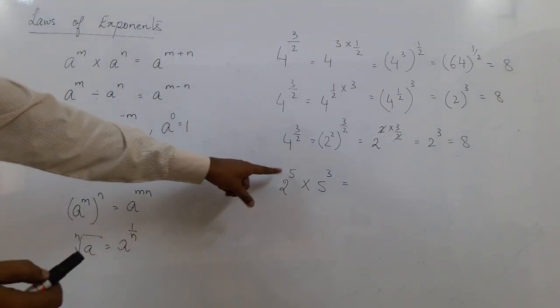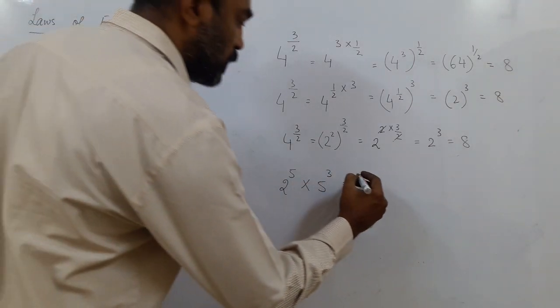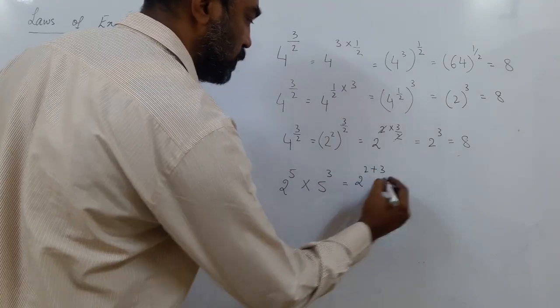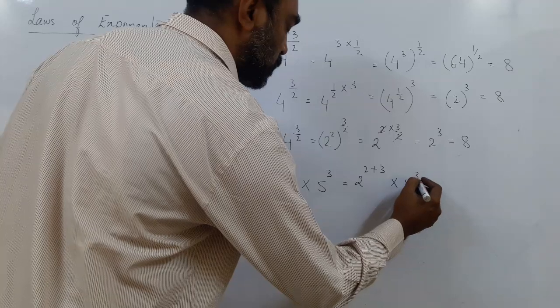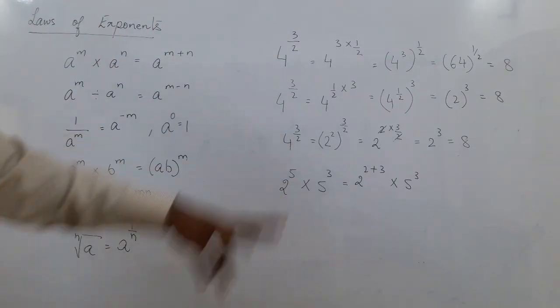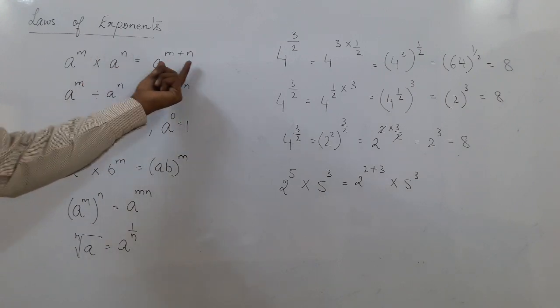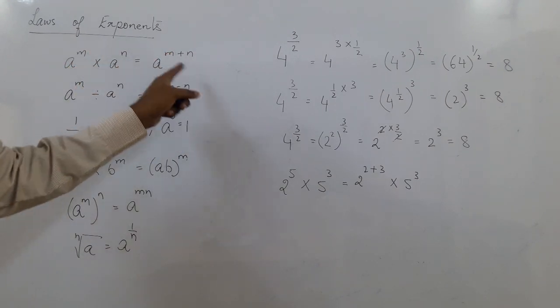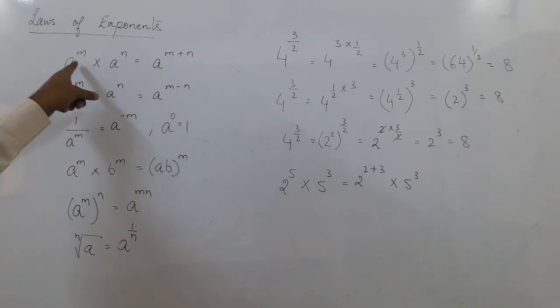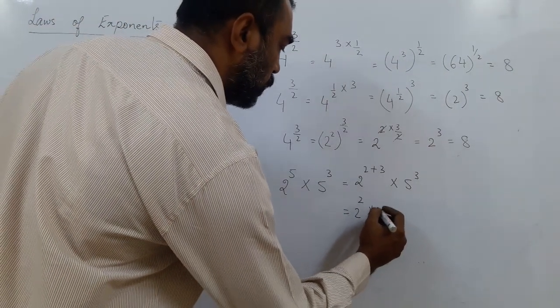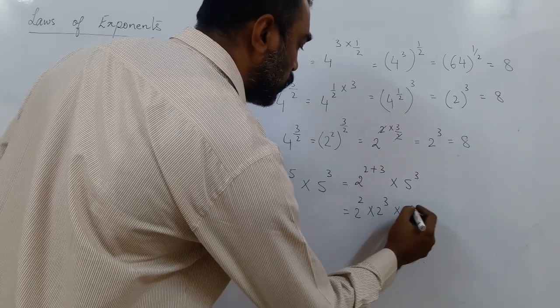So I can write 2 raised to 5 as 2 raised to 2 plus 3. Yes, this is the step I am doing, but you have to do it mentally, you have to get speedy. So I can write it as 2 square into 2 cube into 5 raised to 3.